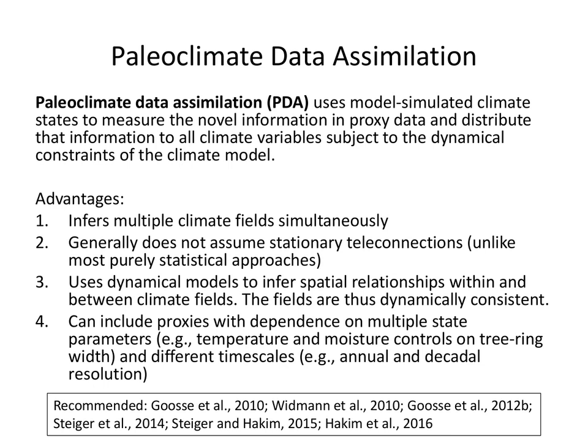So for things like, you can assimilate paleo temperature information and get out precipitation, for instance. And it uses these dynamical models to really infer spatial relationships between these climate fields. And so this really provides a dynamically consistent reconstruction, again, within the dynamics of the model, be they biased or not.